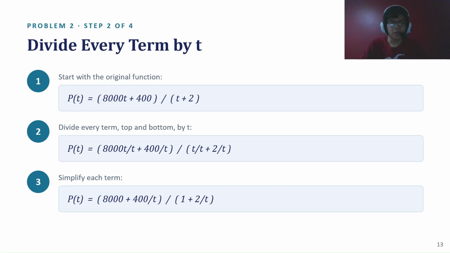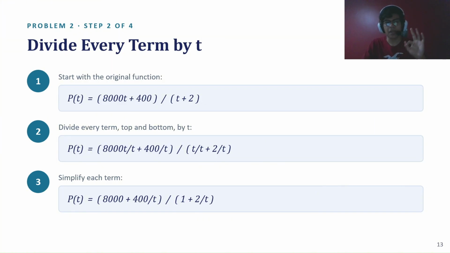P of t equals (8000t plus 400) divided by (t plus 2). Part 2: divide every term, top and bottom, by t. The formula divided by t, over t plus 2 divided by t, and simplify each term. P of t equals the formula divided by 1 plus 2 divided by t.